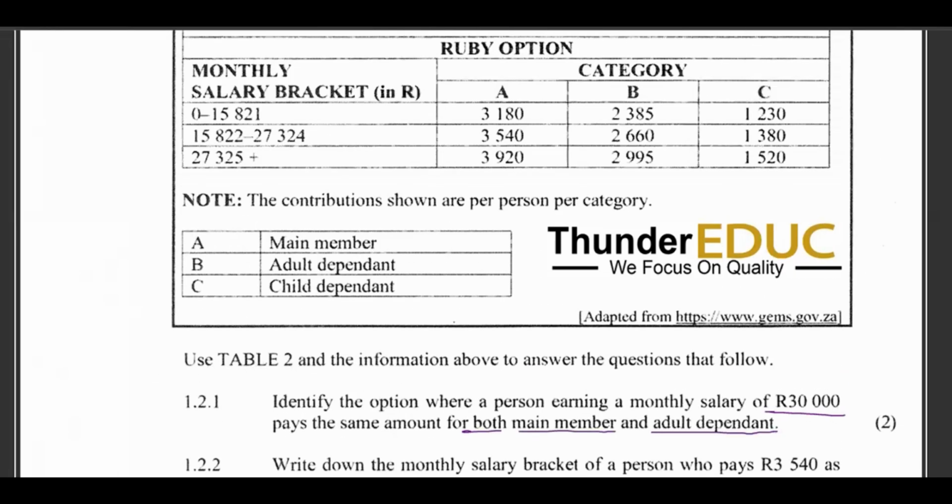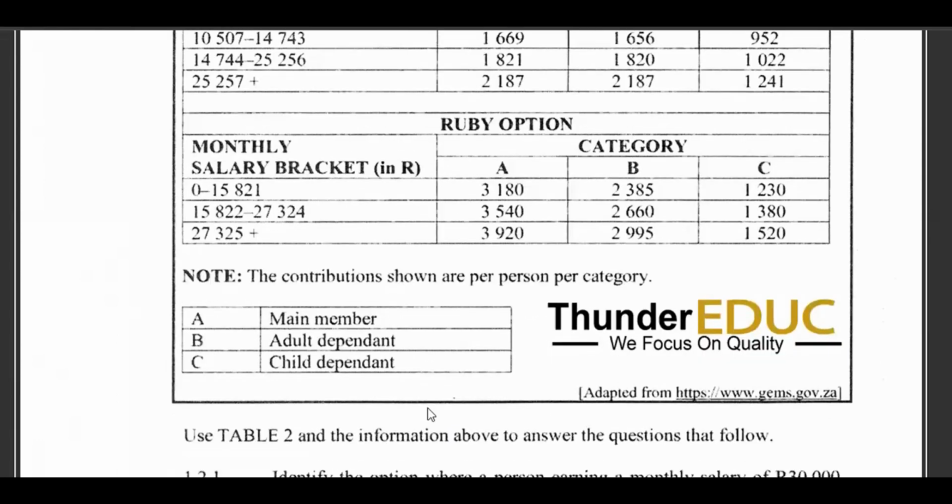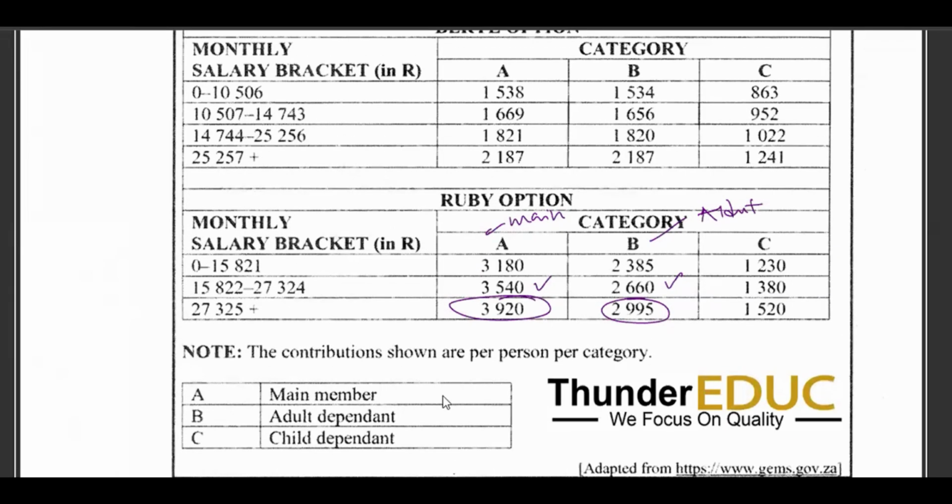First and foremost, we shall come here. We can check, because now A is the main member and B is the adult dependent. So we are looking for the place whereby we have the same amount. And the person earns 30,000, actually it's supposed to be here and here. These are different. So let's look up here. We have this and this.